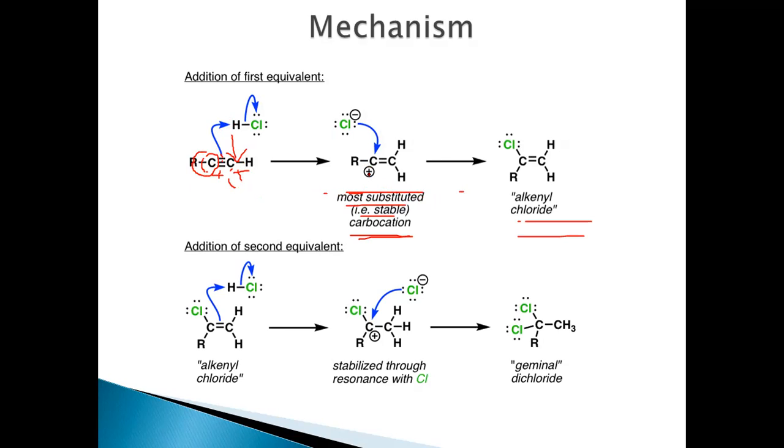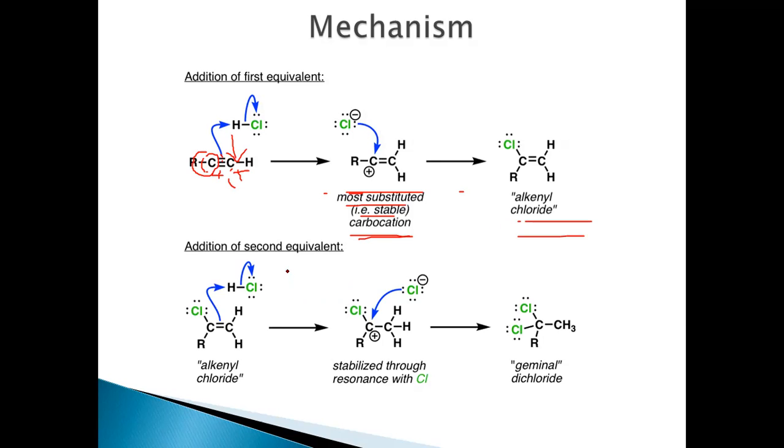Here the secondary vinyl carbocation is more stable than the primary, so the Cl minus attacks the carbocation with fewer hydrogens, resulting in the formation of alkenyl chloride.